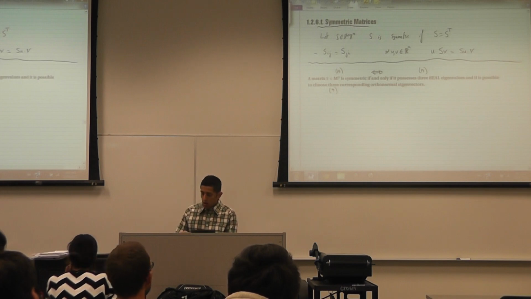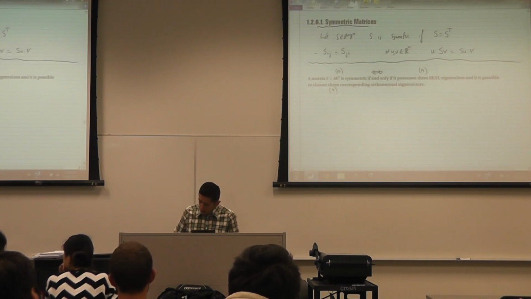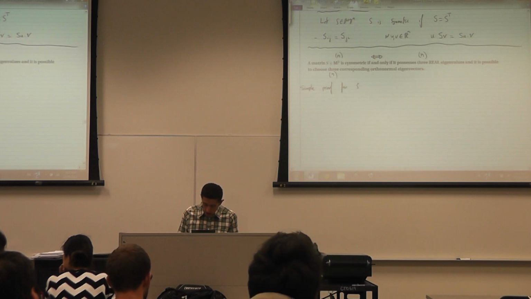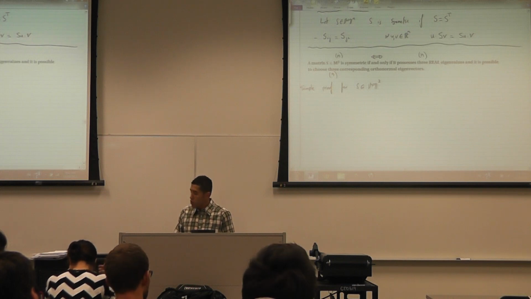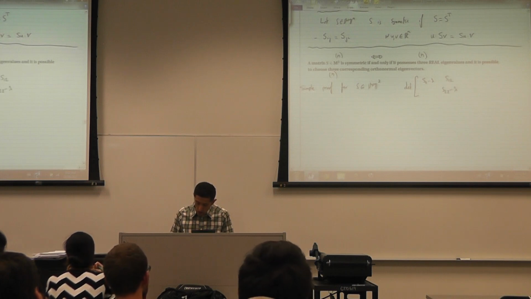The proof of this argument relies on a little bit of complex analysis, but let's start with a simple proof. For S belonging to M power 2, if S is a 2 by 2 matrix, to find the eigenvalues, you need to find the determinant of the matrix that looks like S11 minus lambda, S22 minus lambda, S12, and it's symmetric, so this will stay S12.